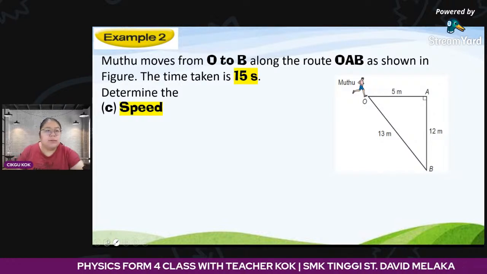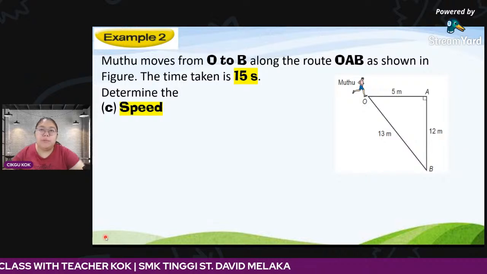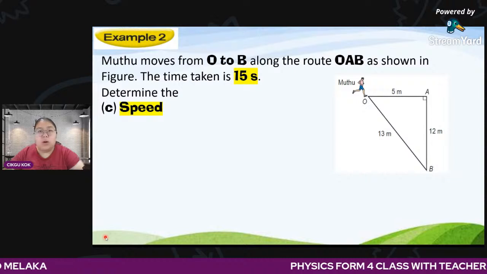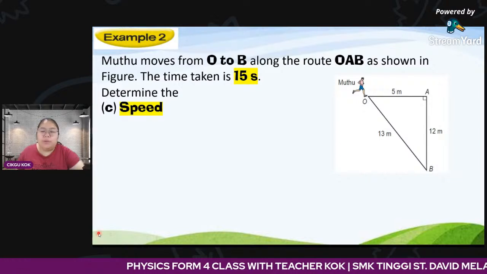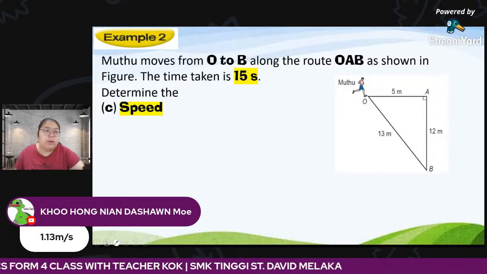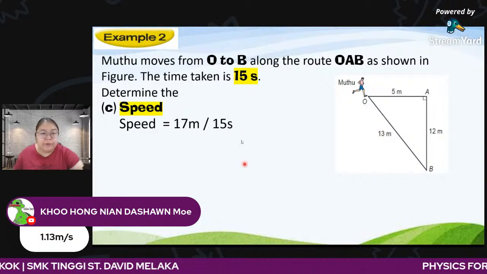Okay, anybody answer me? The speed. Okay, 1.13. Siliang gave me the answer 1.13. So the others? Okay, Hong Yan also gave me 1.13. Okay, now we go to check. Okay, now speed is 17 meter per 15 second.